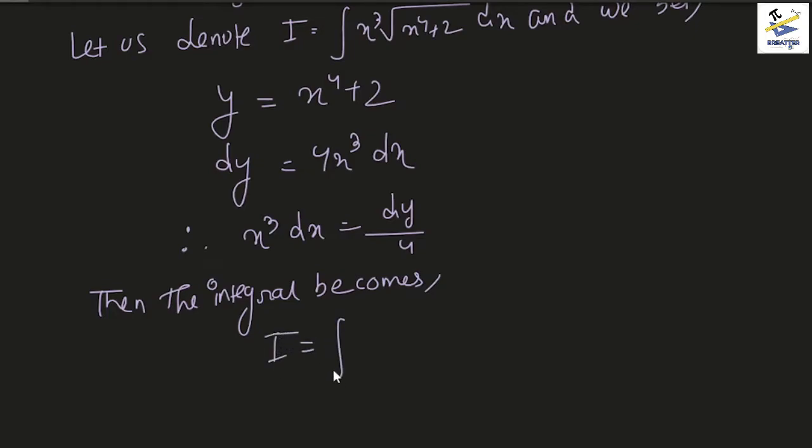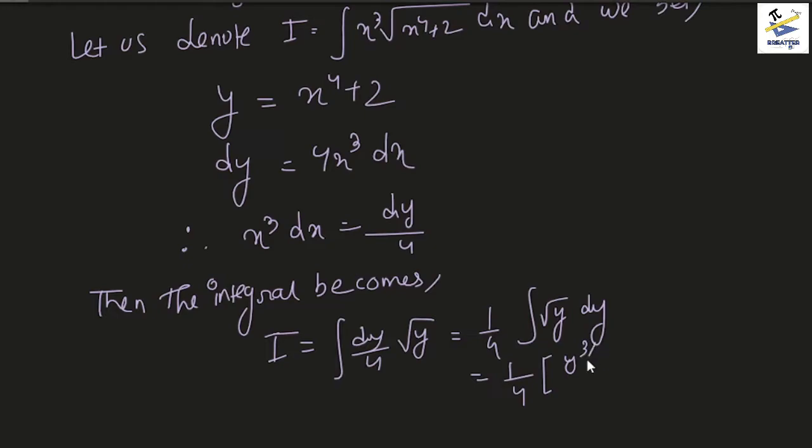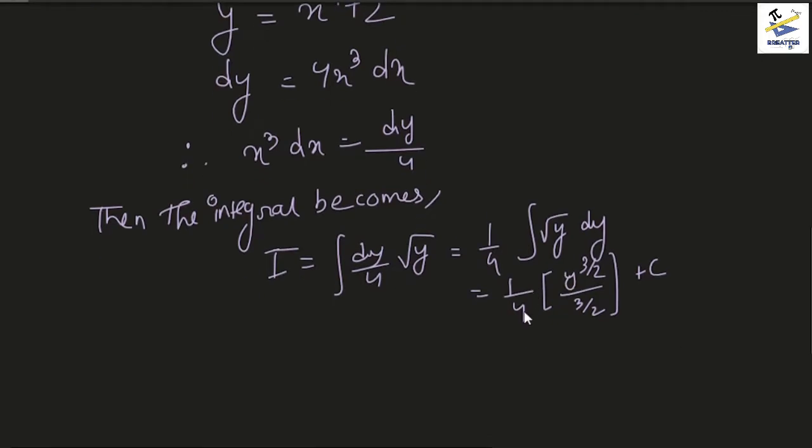Then the integral becomes I equals integral of dy by 4, the x cube dx thing, and this becomes root over y, right? So it's 1 by 4 into integral of root y dy. It's 1 by 4, and the integral of root y dy is just y to the power 3 by 2 divided by 3 by 2 plus c, and this would be 2 by 3 into 4, which is basically 1 by 6.